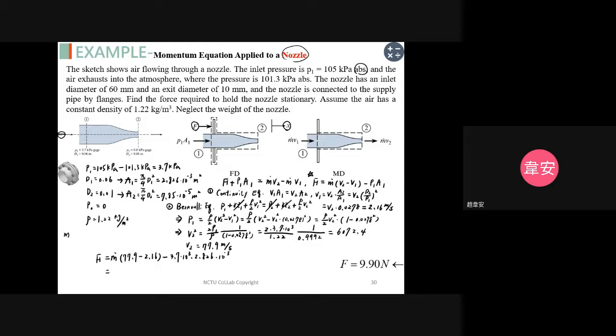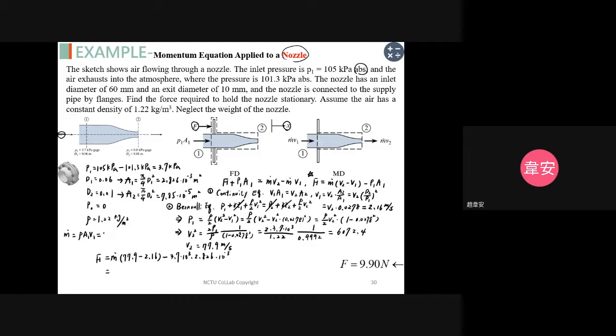So we know that the mass rate is equal to rho AV. So we just take the A1 and the V1 to calculate the mass flow rate.